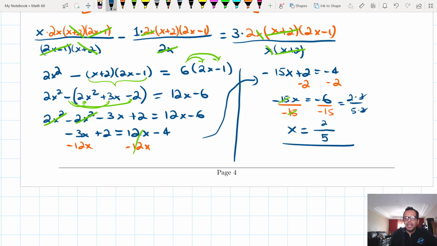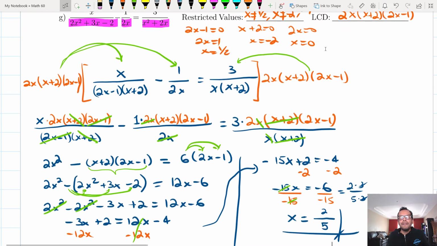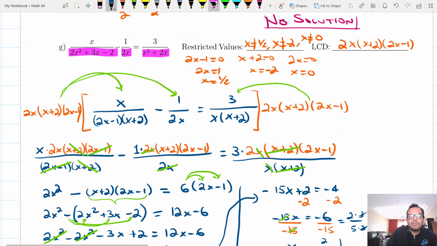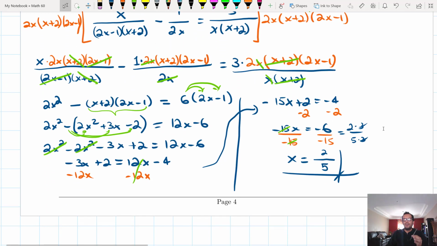as a final answer. In this case, this 2/5 doesn't happen to be one of those restricted values which I highlighted with green. See, x equals 1/2, x equals negative 2, x equals 0. Those are the 3 restricted values for this equation, and none of those are the ones that we obtained.